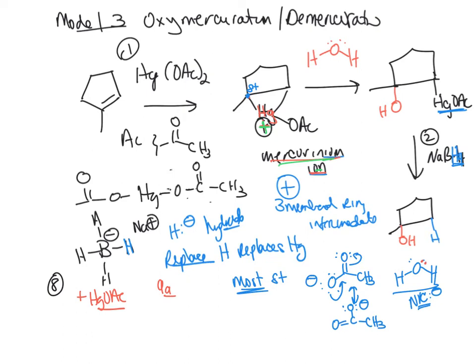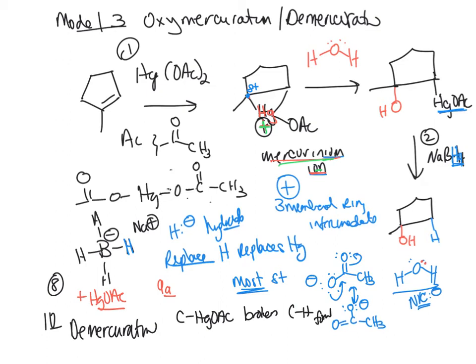Okay, number 10. The last step in Model 3 is called demercuration. What bond is being broken and what bond is being formed? The carbon-mercury acetate bond is being broken, and then a carbon-hydrogen bond is being formed.